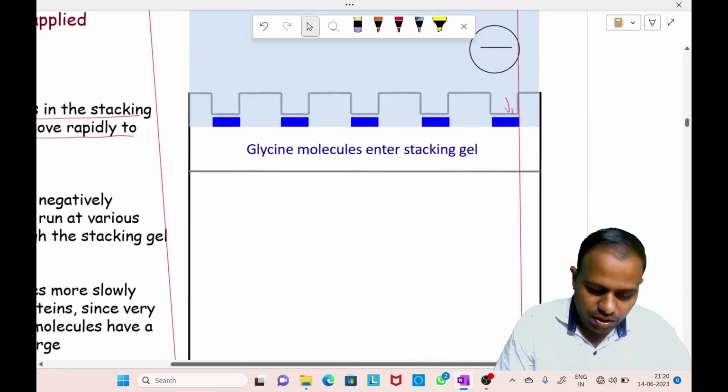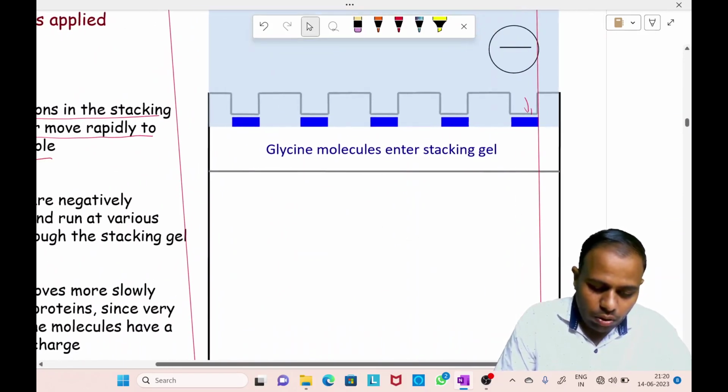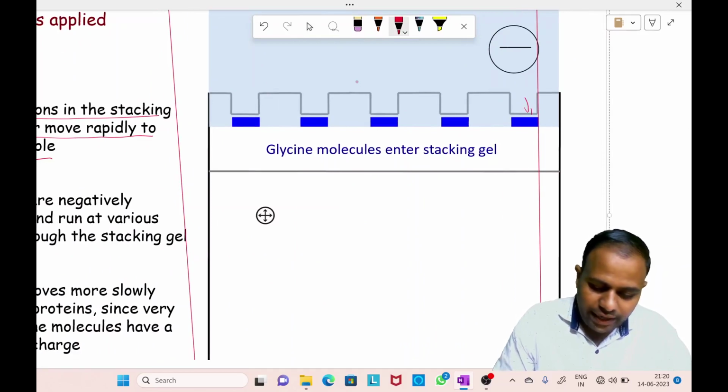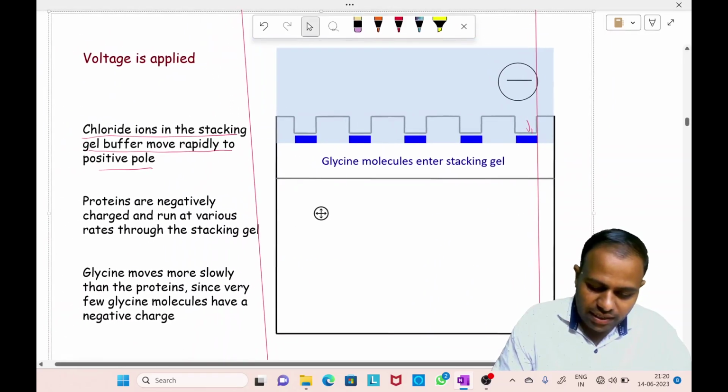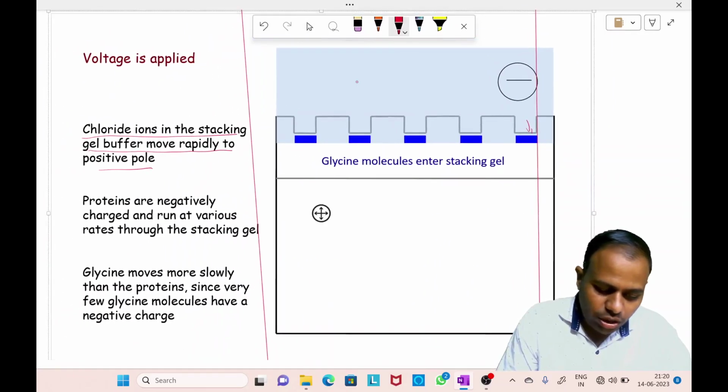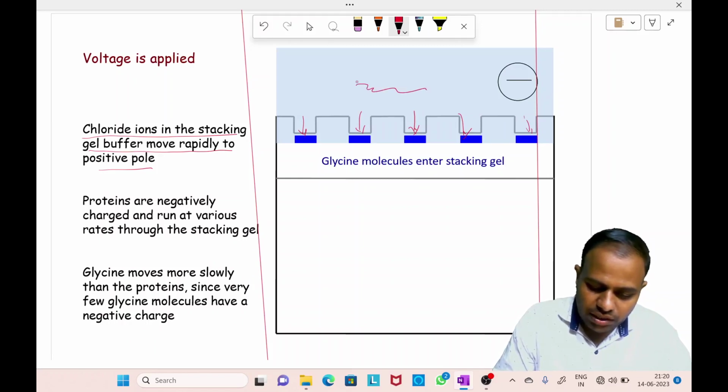Now the glycine molecules along with it enter into the stacking gel from here. It is already present in the buffer which is placed in the electrophoretic tank.